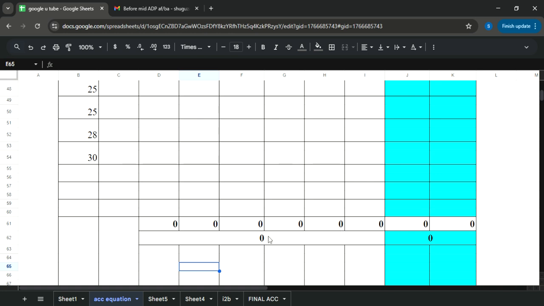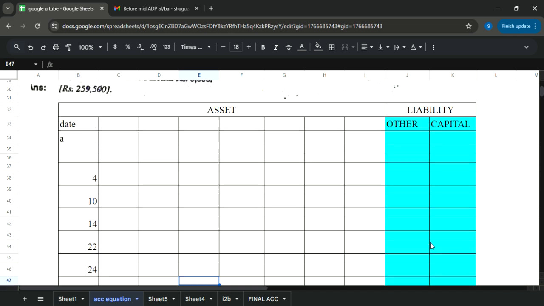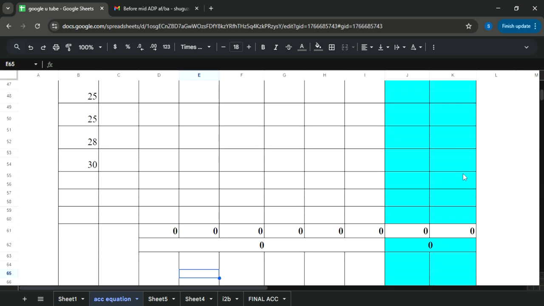You know that assets and liabilities are always equal. Since the amount of capital is not present over here, at the end of this question, without capital these assets and liabilities would not be equal.